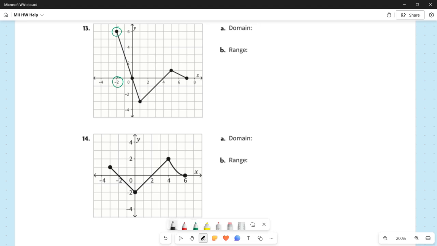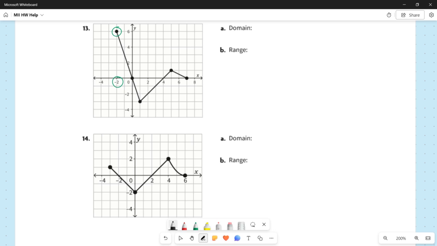So for our domain, just to be clear, the negative 2 is itself included in the domain, right? The dot that got circled there is a closed dot, which means we include it. If that dot was open, we would not include the negative 2. It would still be the lower bound, but we would not be including it.